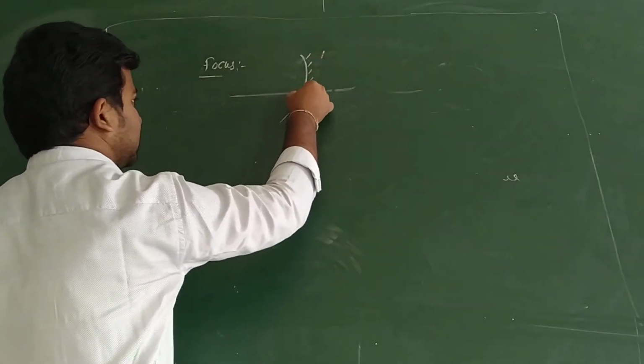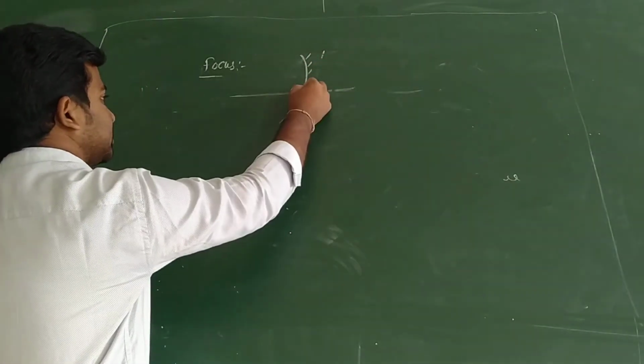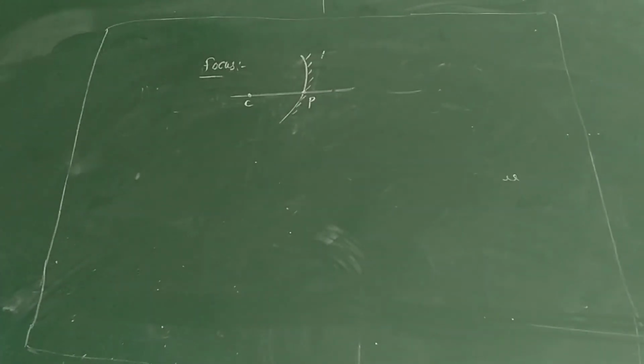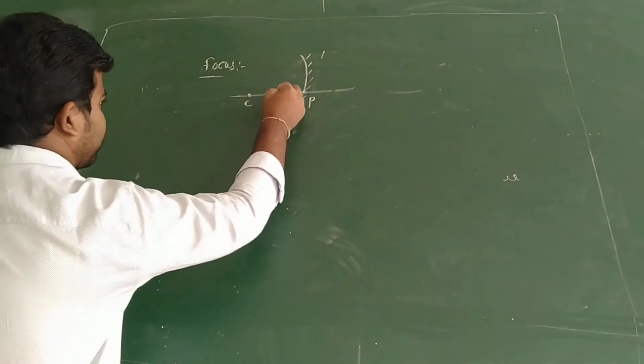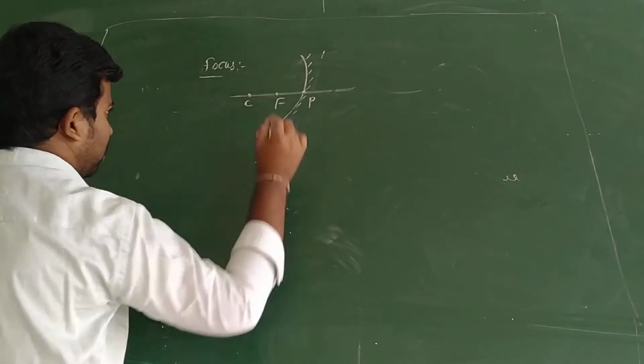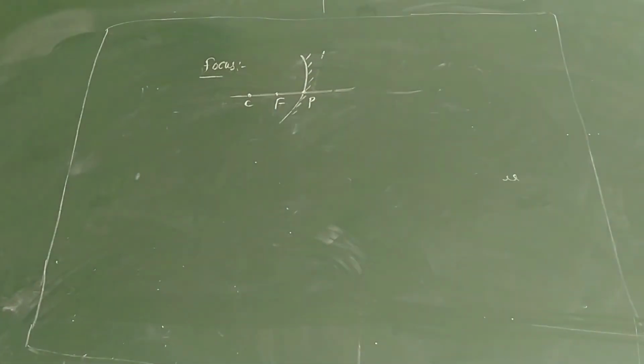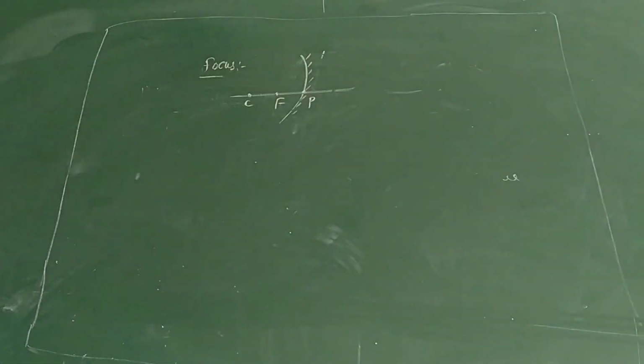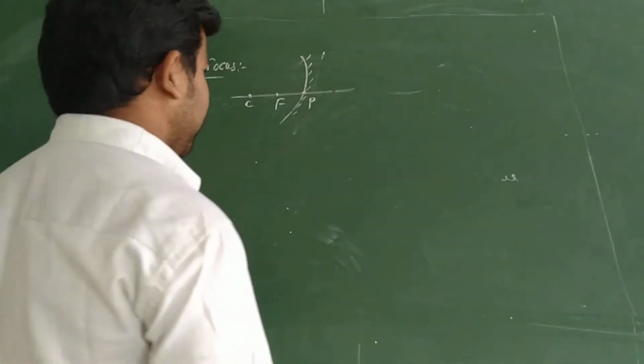Here we already discussed this is the pole and this is the center. The focus of the spherical mirror means the midpoint between the pole of the spherical mirror and the center of curvature. The midpoint of the pole of the spherical mirror and center of curvature is called the focus.